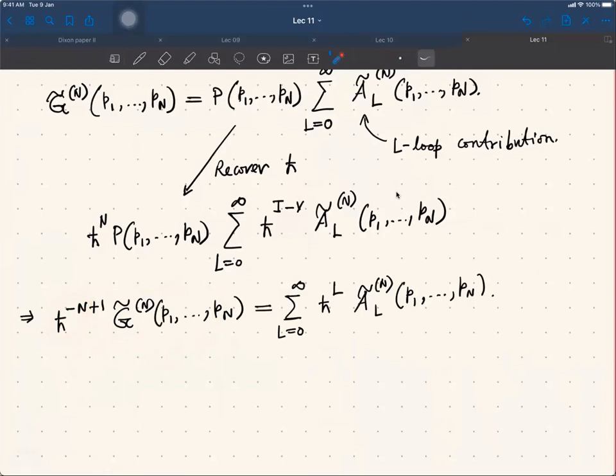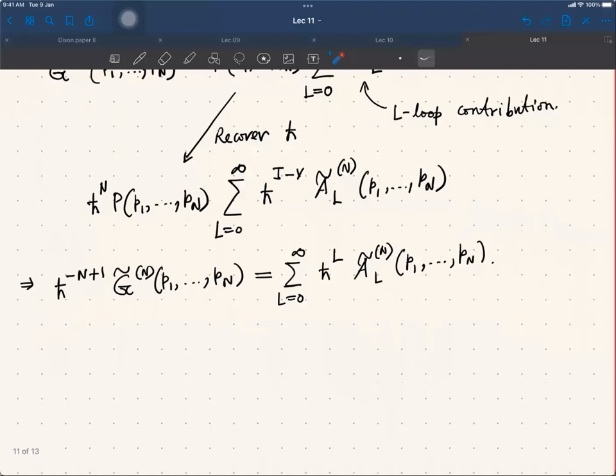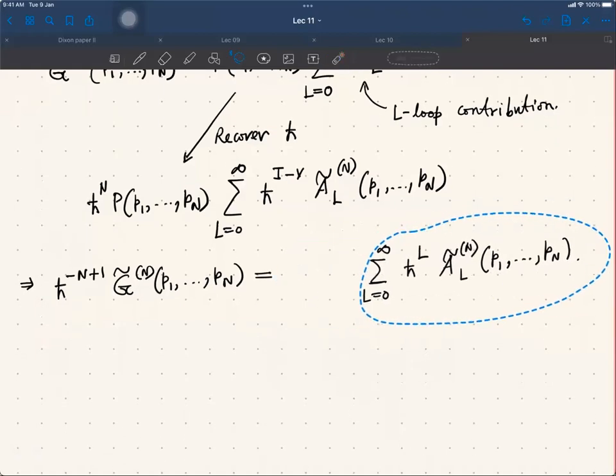Then that will be given by a loop expansion, and capital P is missing here.